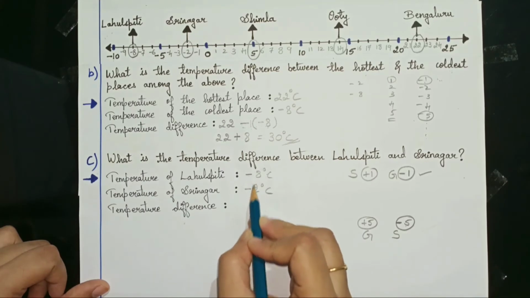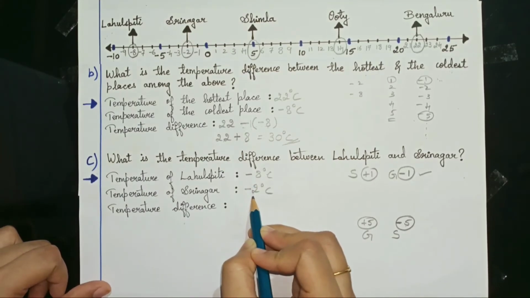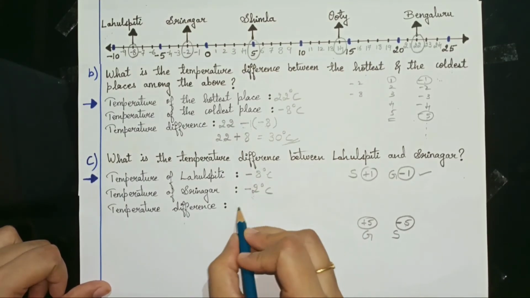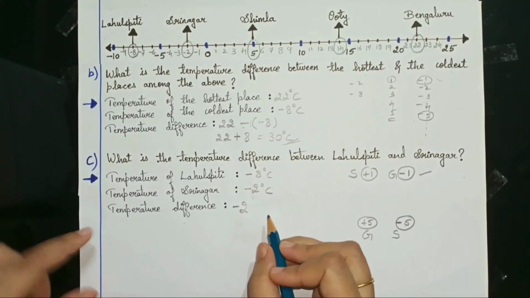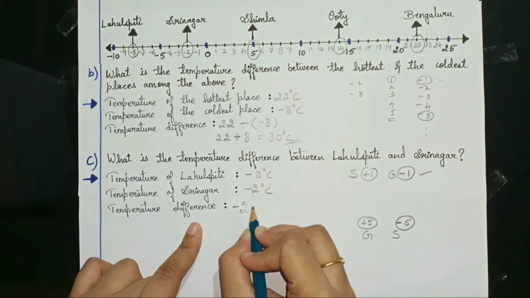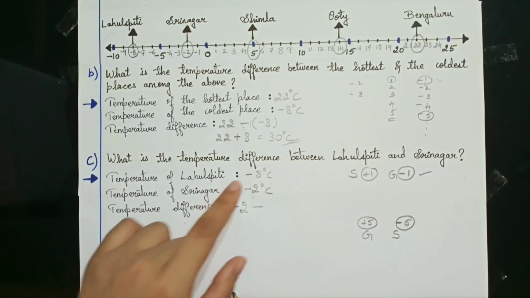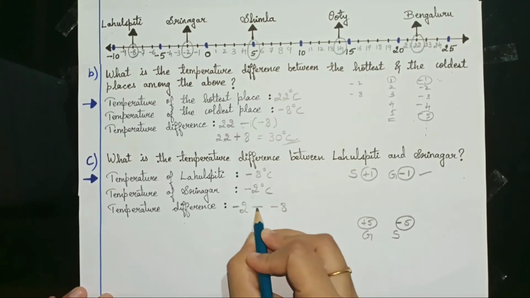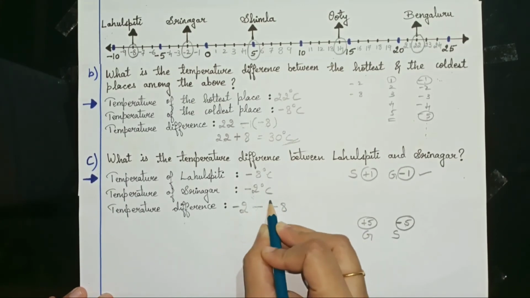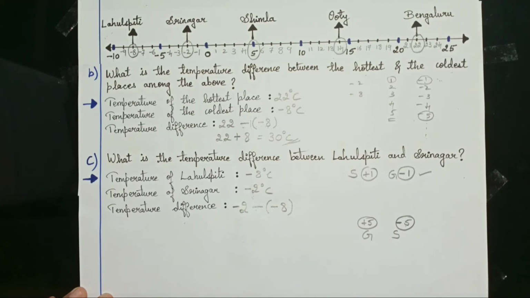That means here -2 is the greater number, correct? -2 is the greater number, so I'll write -2 first. Next they have asked you to find the difference, so I'll put a minus sign. Then what's the temperature of Lahul Spiti? It is -8. Since I'm getting two minus signs continuously, let me put this in a bracket.